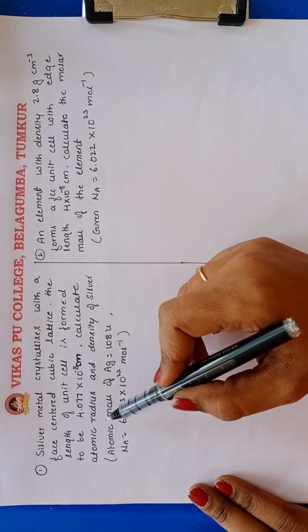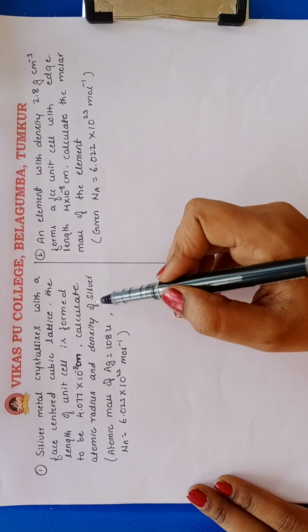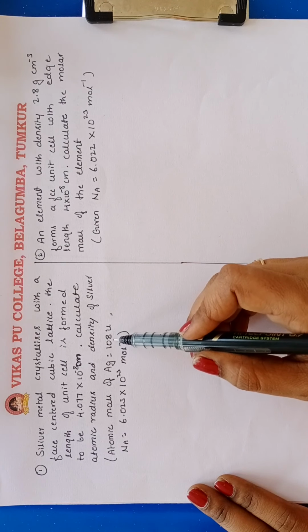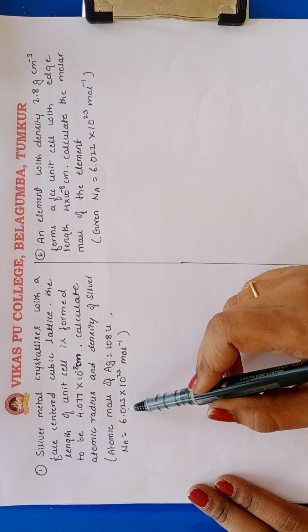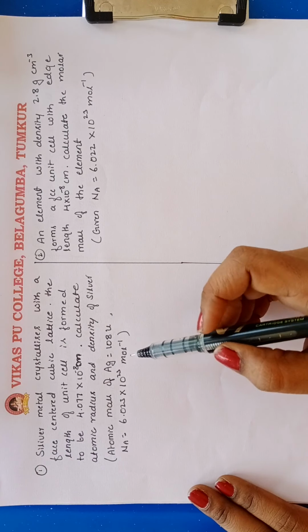Calculate the atomic radius and density of silver. They are given the atomic mass of Ag as 108 u, unified mass, and Avogadro's constant as 6.023 times 10 to the power of 23 per mole.